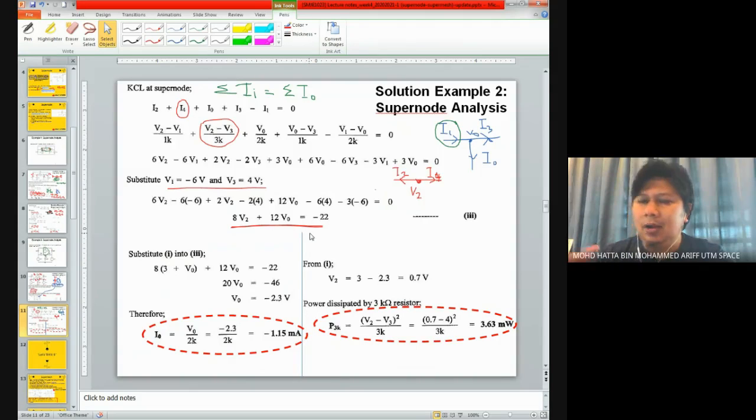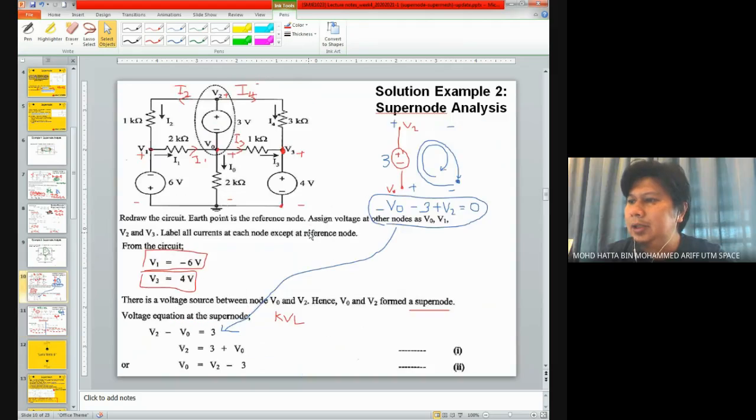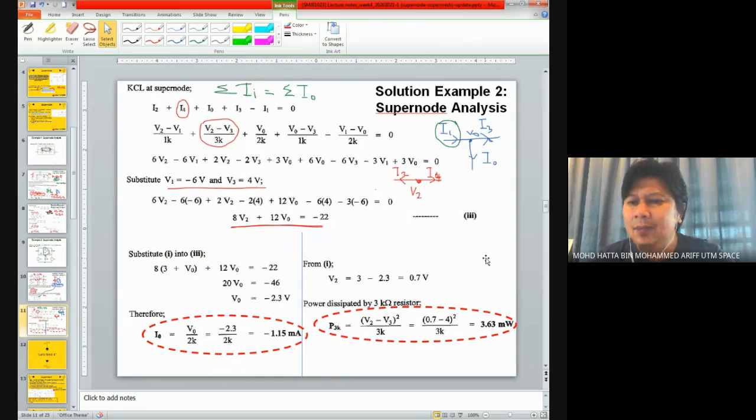Okay, let me tell you, the electric or electronic knowledge over here is just about the supernode analysis. It's just about trying to set up a Kirchhoff current law and a Kirchhoff voltage law. That is all about the electric or electronic part.